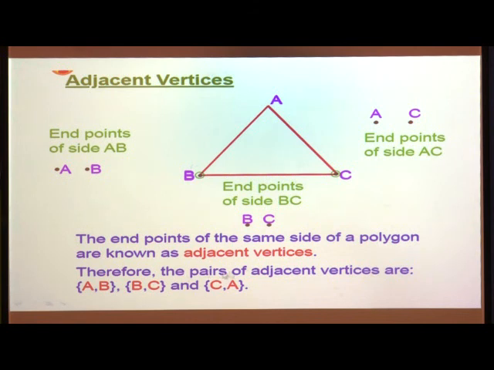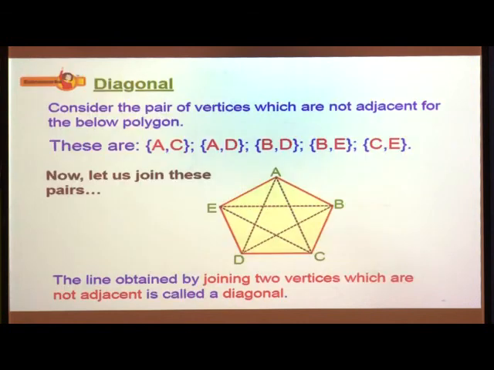Therefore, the pairs of adjacent vertices are AB, BC and CA. So this is about adjacent vertices.